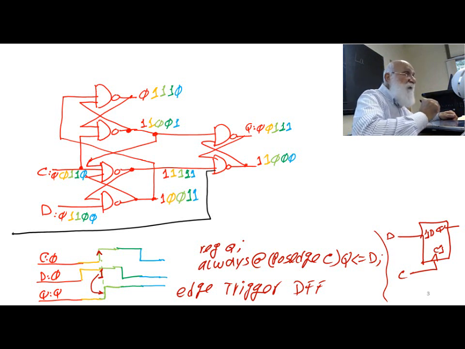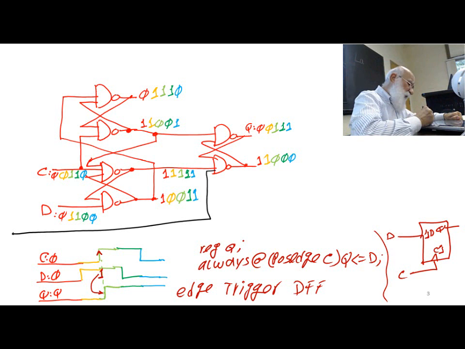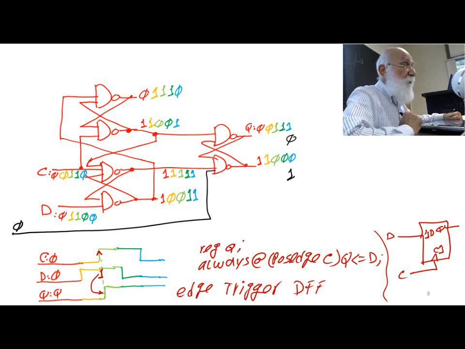As long as I put a 1 on this black line, nothing happens. As long as it's 1, nothing happens. As soon as it becomes 0, this output becomes 1. This output becoming 1, then the upper gate has two 1s, and this becomes 0.